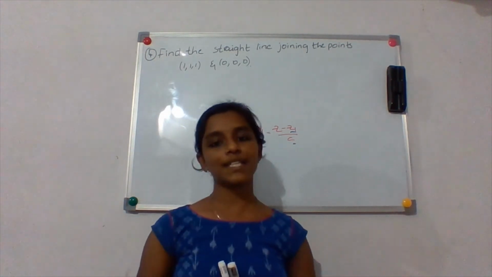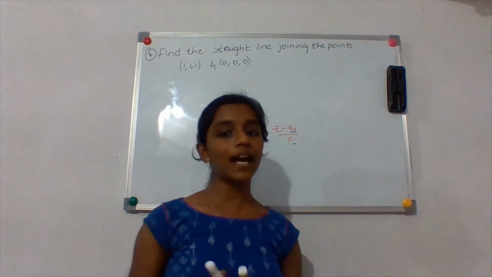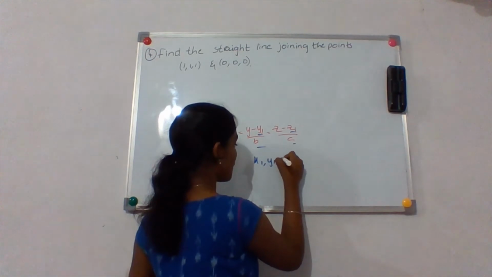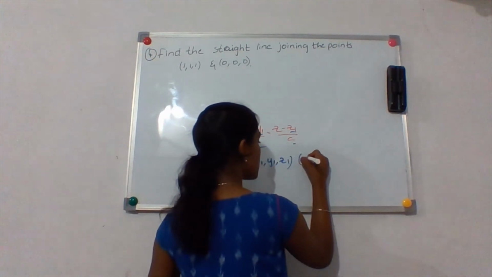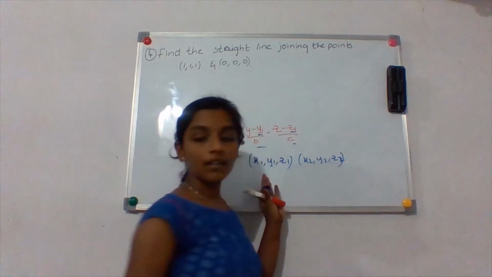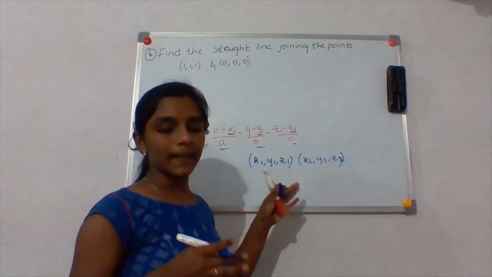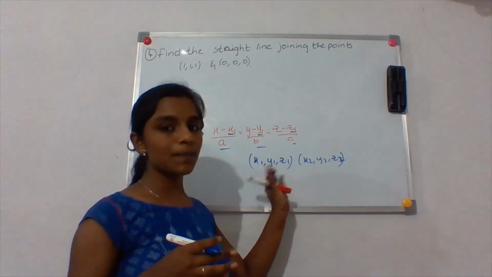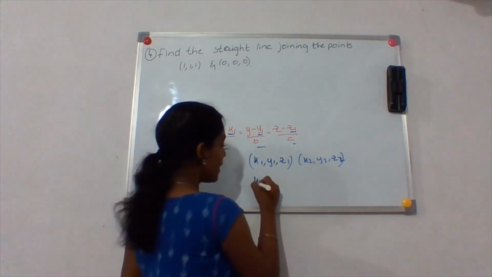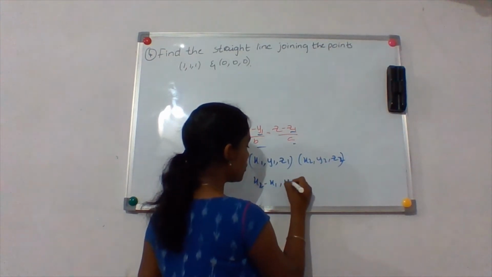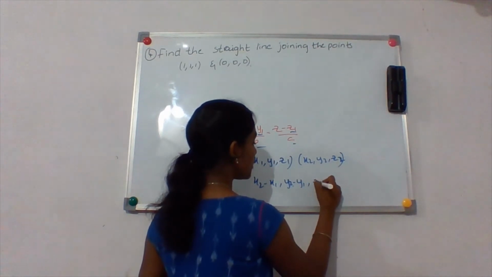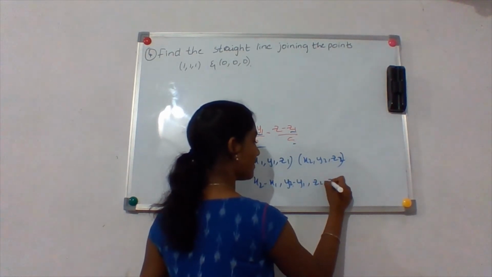We have already discussed this. If you have 2 points (x1, y1, z1) and (x2, y2, z2), then the DRs of the line passing through these 2 points are x2 minus x1, y2 minus y1, z2 minus z1.